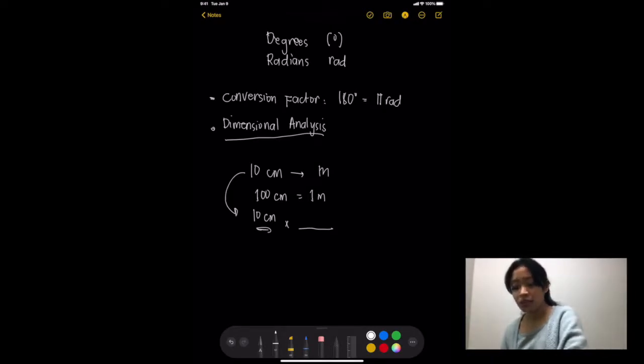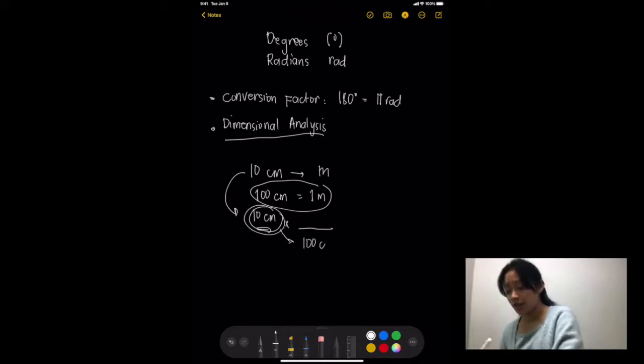Your centimeters is in your numerator, so when I write the conversion factor, I write the number which has the same unit in the denominator. So I'm going to write 100 cm in the denominator, because later you'll see that the centimeters in the numerator will be cancelled out with the centimeters in the denominator. And then 1 meter in the numerator. That's my conversion factor.